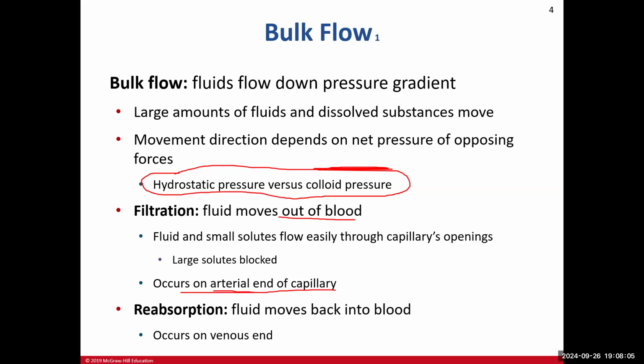Now, resorption. I want you to think of fluid moving back into the blood. It's in the interstitial fluid, and it's going to try to get into the bloodstream. This is going to be seen at the venous end of the capillary bed that we saw in lab, on the right side if we were looking at that picture.